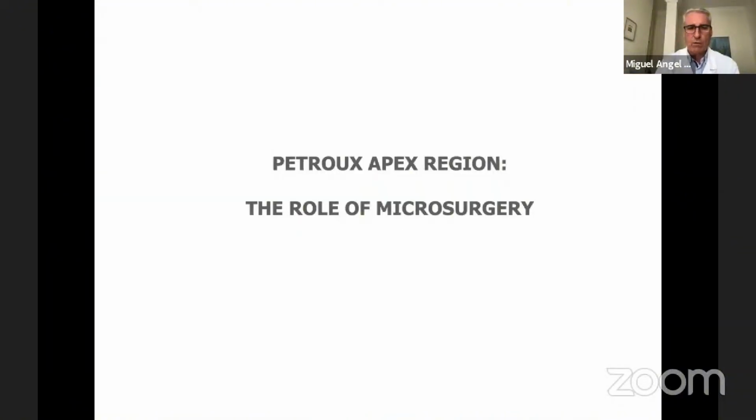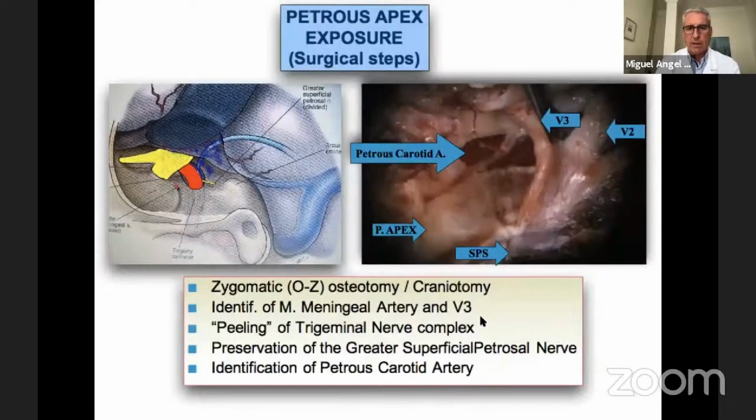We can start with the role of microsurgery, and I think that the steps have been mentioned. We have to do a zygomatic osteotomy or cranio-orbitozygomatic osteotomy. We usually do not do a cranio-orbitozygomatic approach, just in case a zygomatic osteotomy, because the only usefulness is the possibility to reflect downward the temporal muscle, diminishing the retraction of the temporal lobe.